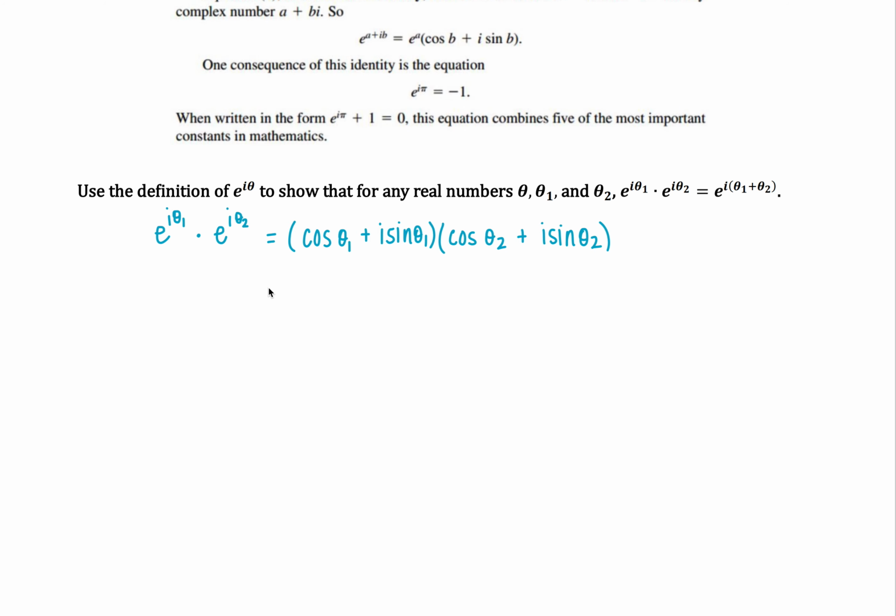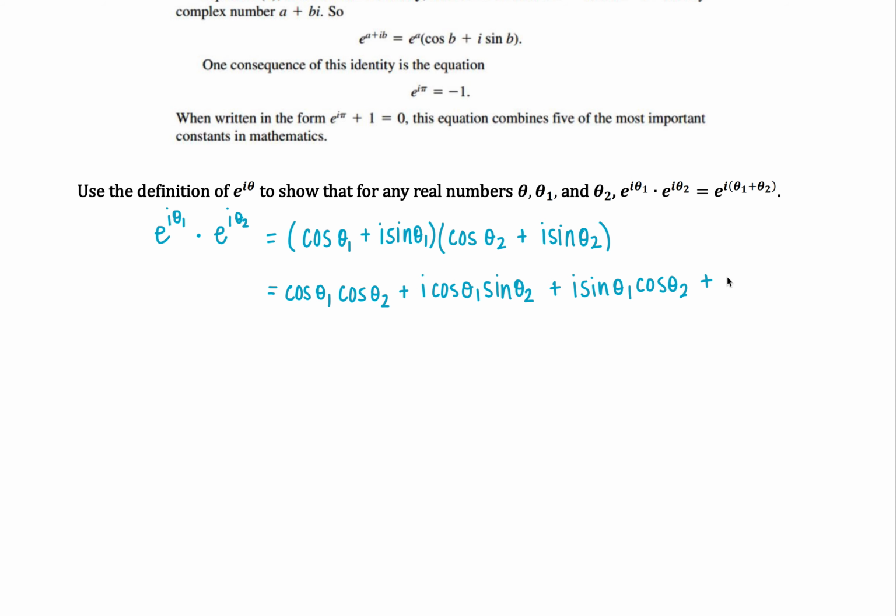I'll use FOIL. So that's cosine theta 1 times cosine theta 2. Then with the outside, we're going to have plus I cosine theta 1 sine theta 2. Then on the inside, we'll have I sine theta 1 cosine theta 2.